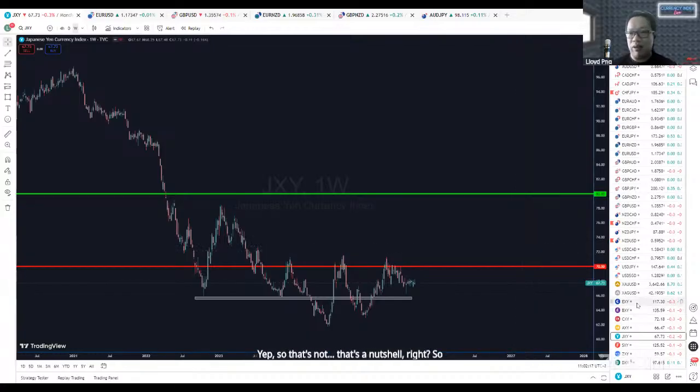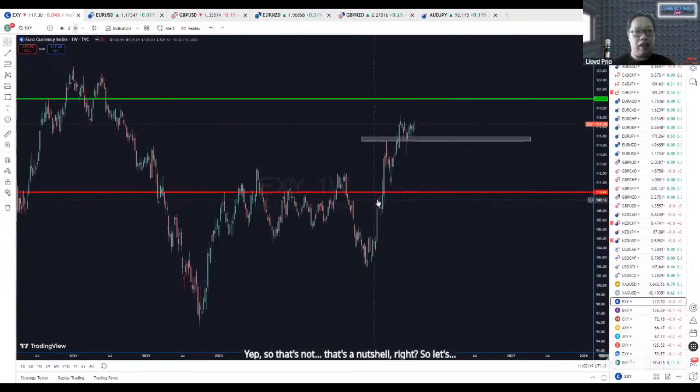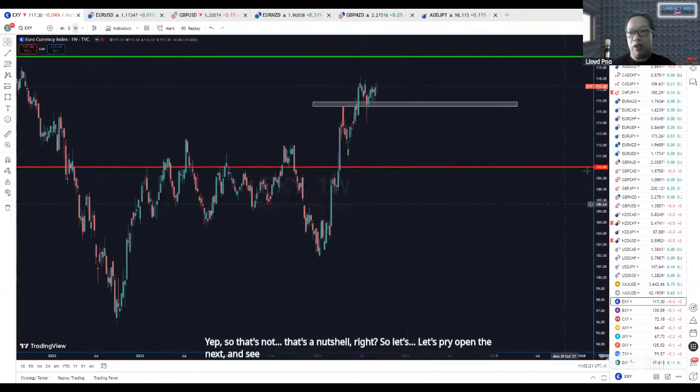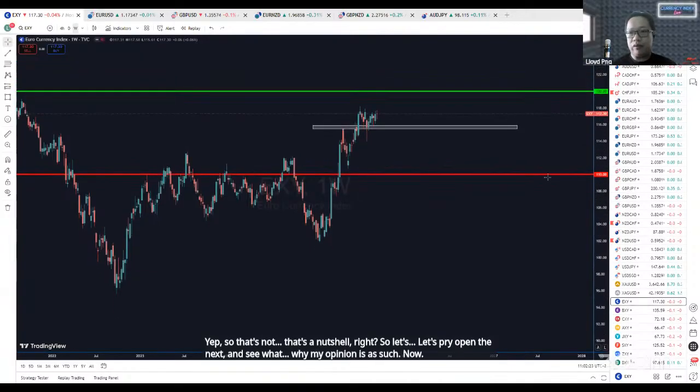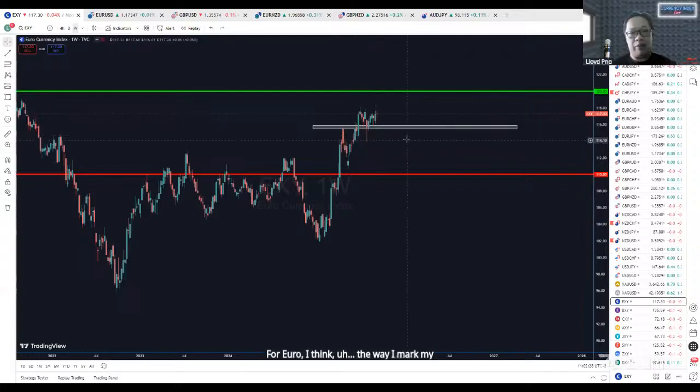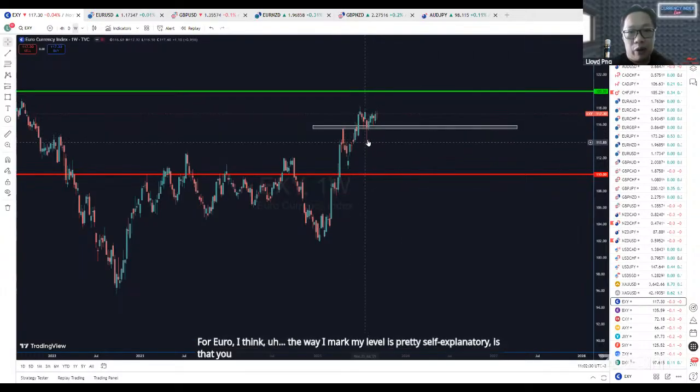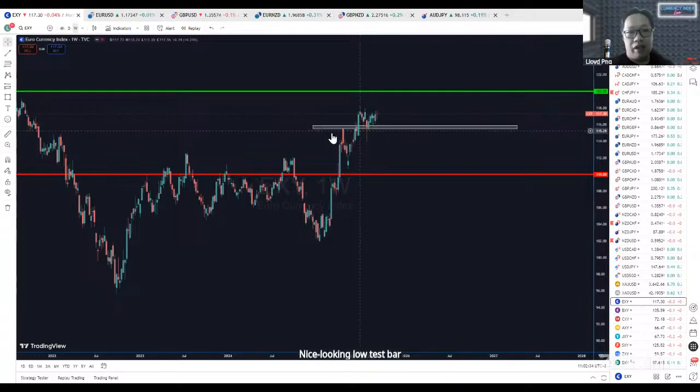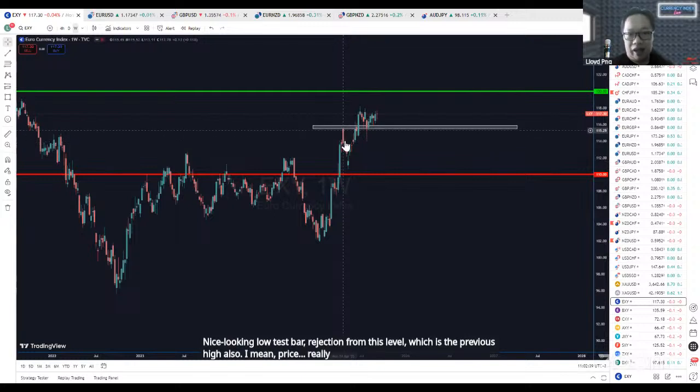Let's pry open the nuts and see why my opinion is as such. Now, for euro, the way I mark my level is pretty self-explanatory. You can see that a couple of weeks back we had a pretty nice looking low test bar rejection from this level, which is the previous high also. Price really just gaps up and then comes down, and then it's a classic break and retest.